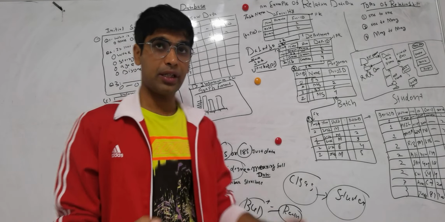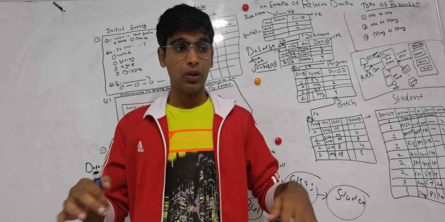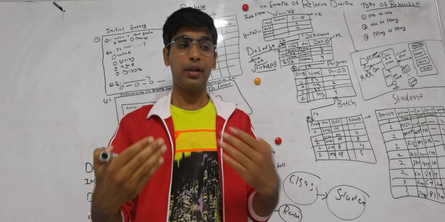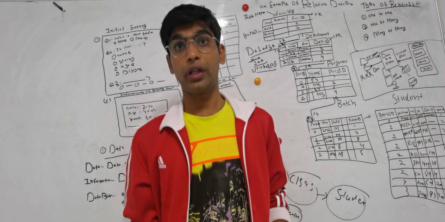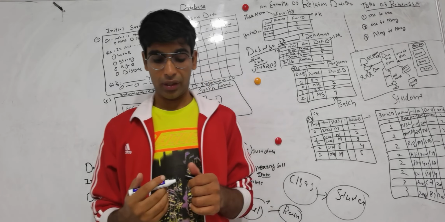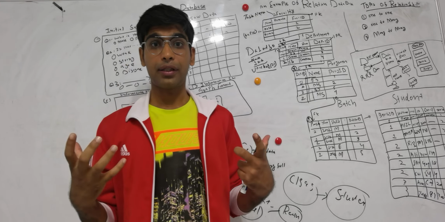So there is a relationship between university, department and class. Maybe teacher and student have a relationship: a teacher teaches a student. So this is a relationship between the teacher and student. Every object is actually a class.